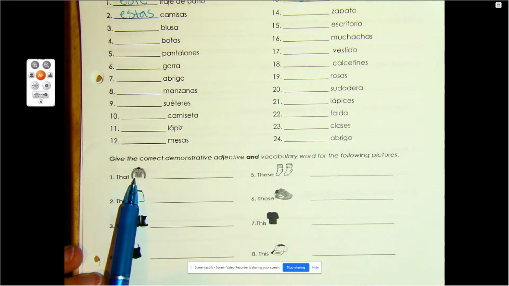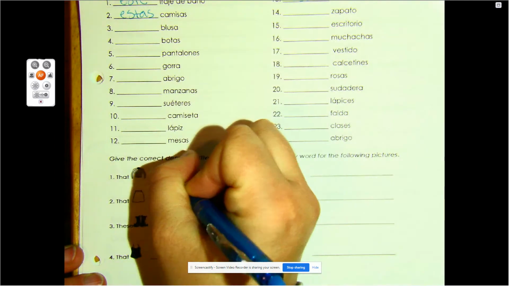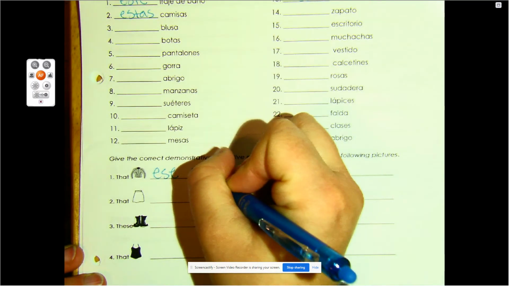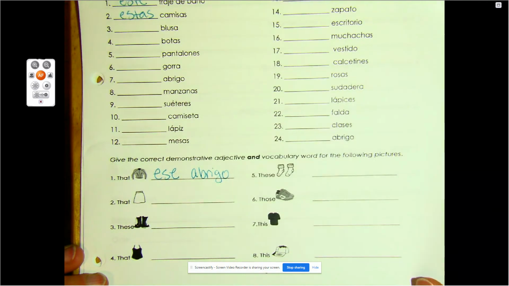So that coat, think about if coat is masculine or feminine. And it is masculine. So we're going to say ese abrigo. Okay, so you're going to do the rest of those ones.